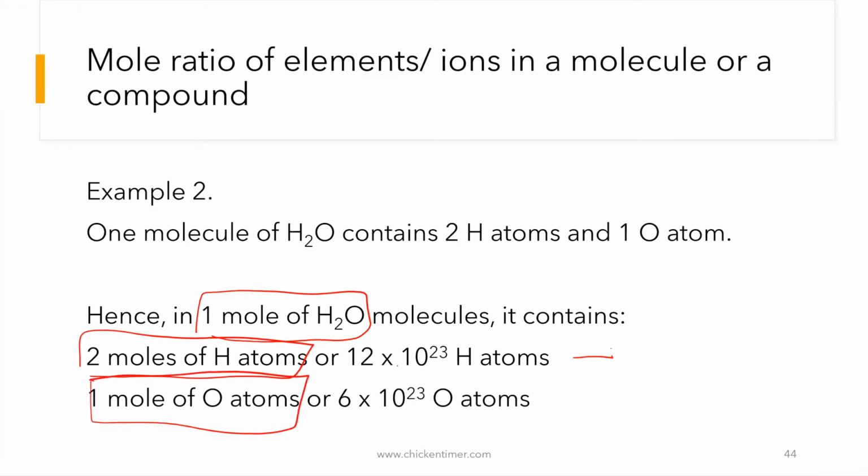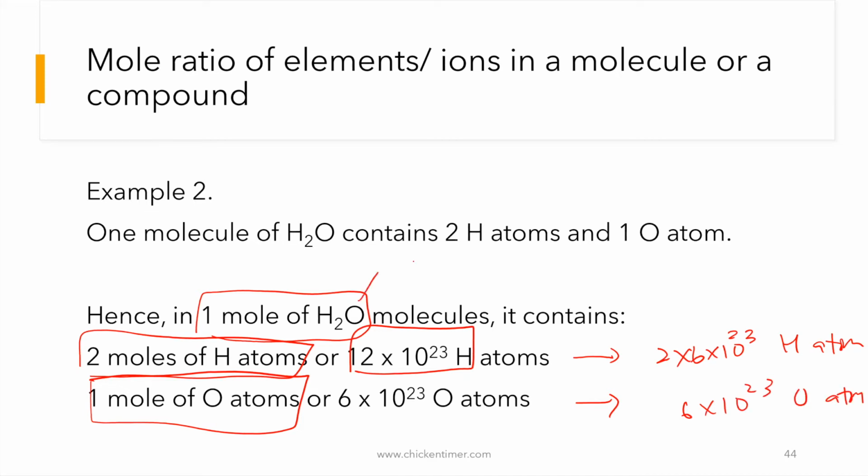Which means you have 2 times 6 times 10 to the power 23 hydrogen atoms, then 6 times 10 to the power 23 oxygen atoms. But 1 mole of water molecules is 6 times 10 to the power 23 water molecules. You see the word play? So if they say 1 mole of molecules, that means it's 6 times 10 to the power 23 molecules. Then if they say 1 mole of water molecules has how many hydrogen atoms? That is 2 times 6 times 10 to the power 23.